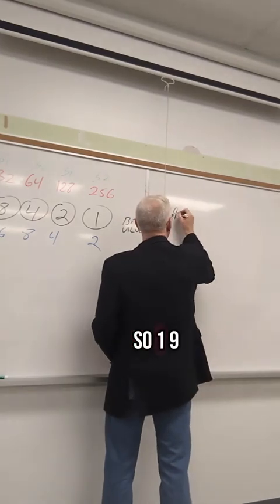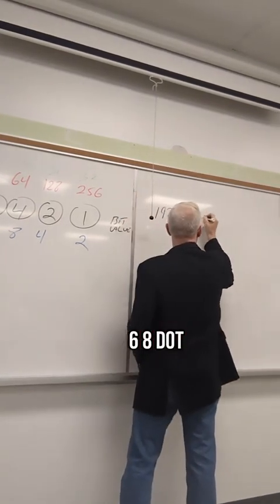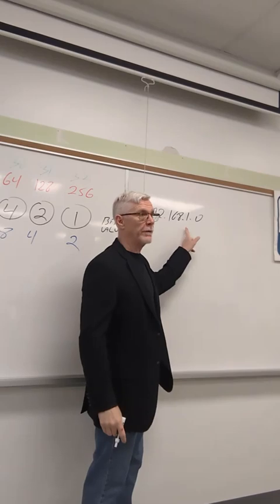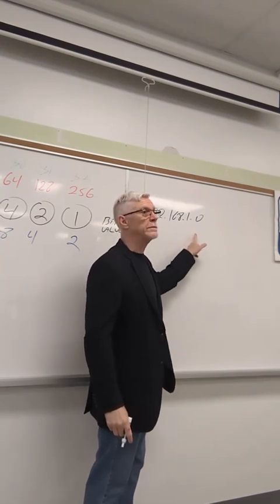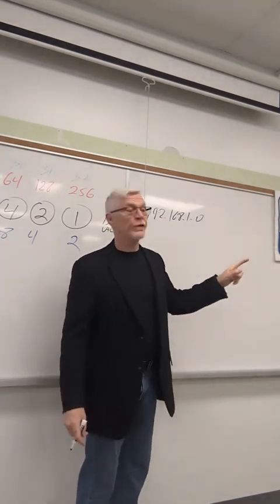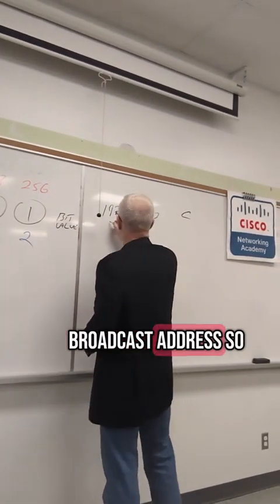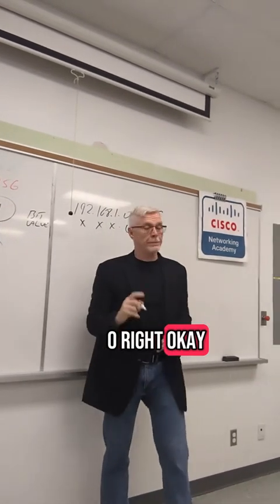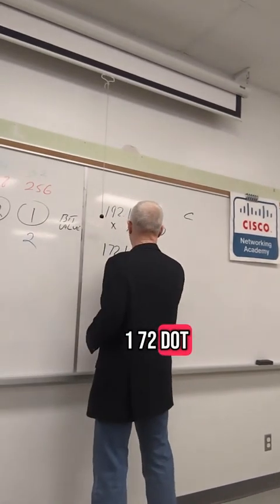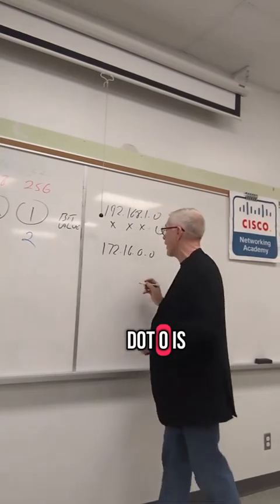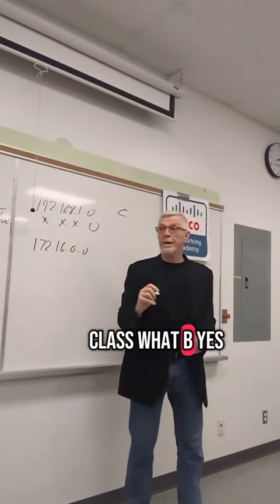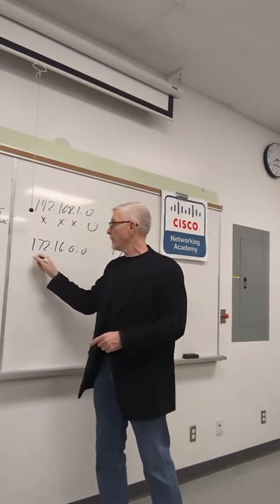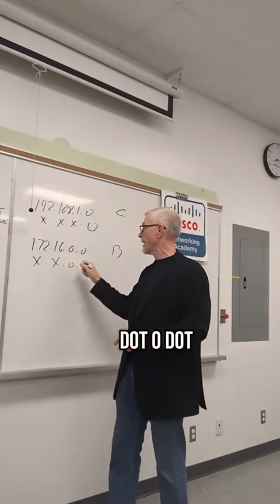All right, so 192.168.1.0 is a class what? Tristan? C. Yeah, that's class C. Subnet mask, so I'm going to use 255.255.255.0, right? Okay. 172.16.0.0 is class what? B. Yes, class B. And what's the subnet mask? 255.255.0.0, right?